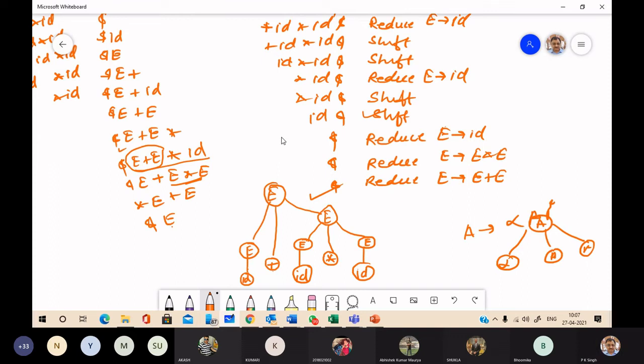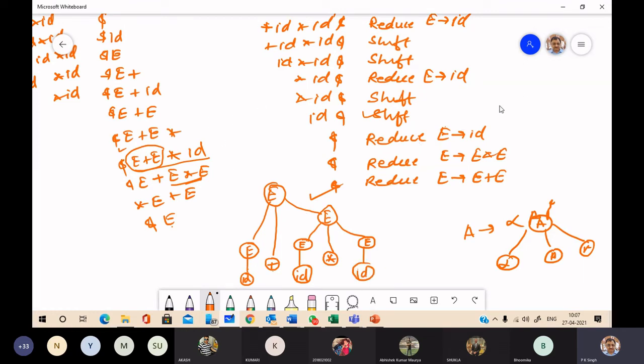In the entire discussion of bottom-up parsing, we will discuss how to prune the handle from a right sentential form to get the previous right sentential form of the derivation.